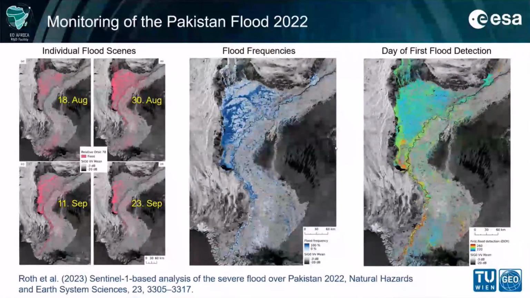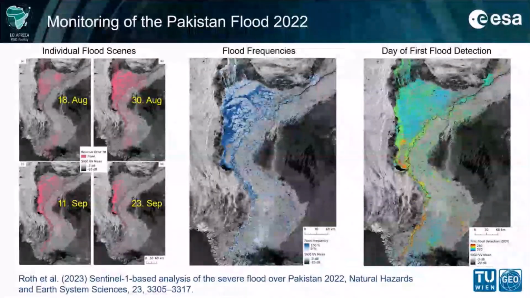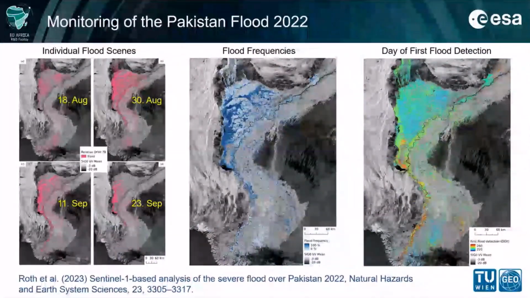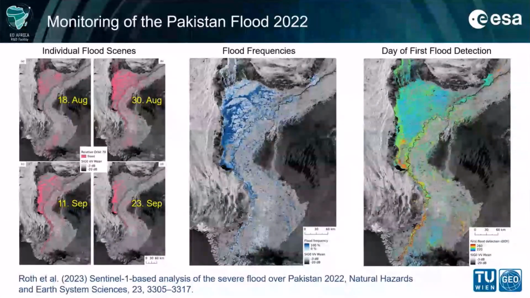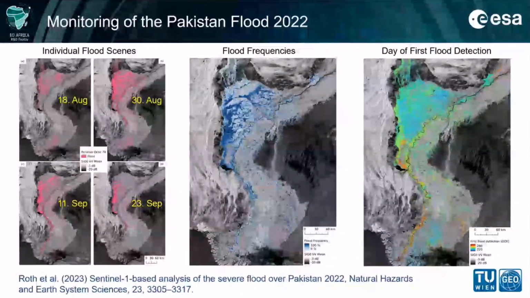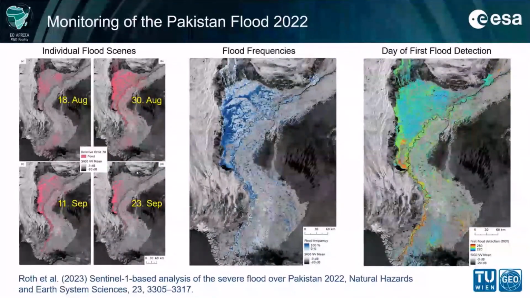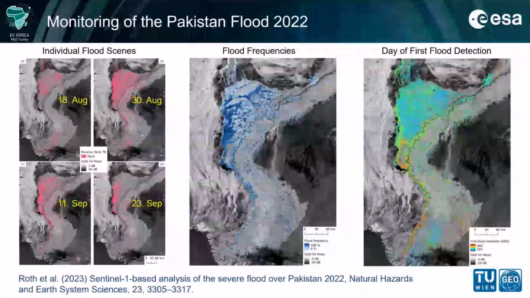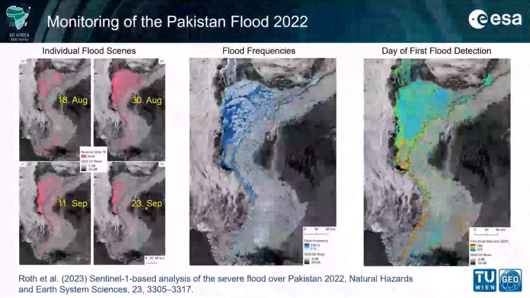And once we have those data, these results for individual dates, of course, we can start using acquisitions from several time stamps and start combining them to get a vivid expression of flood dynamics. For example, here are the observations we had from the Pakistan flooding in the year 2022, where we had an observation on the 18th of August, then on the 30th of August, 11th September, 23rd of September.